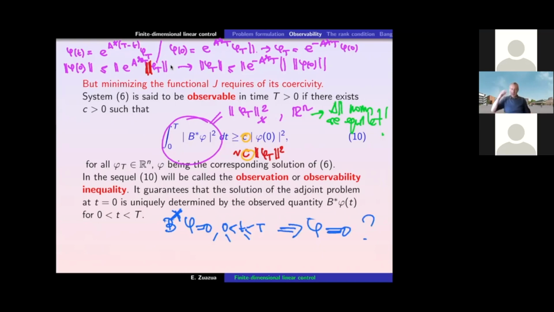Why? Think of the specific example I gave you where m is equal to 1, just one control. So what I'm seeing here is just a combination of all the components of phi 1, phi n. I'm just seeing one combination out of all of them.